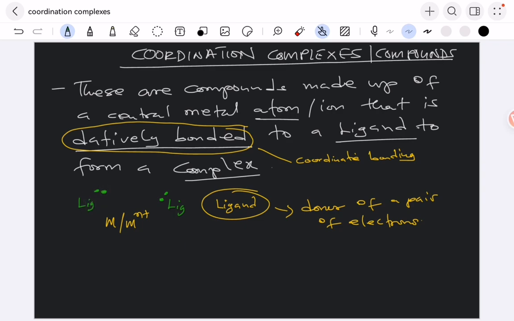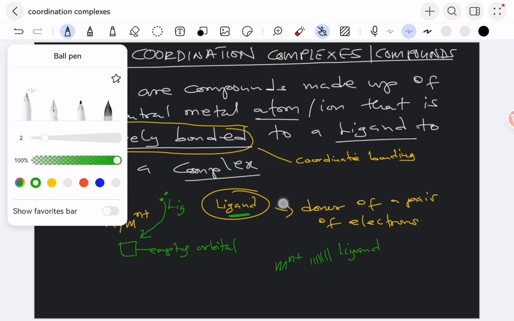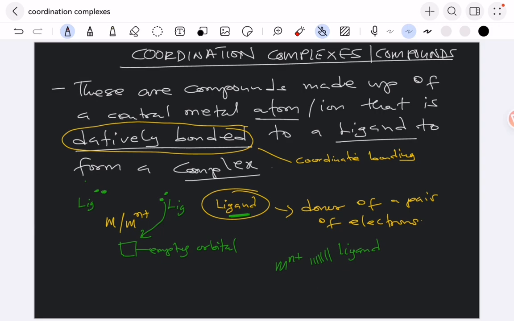A metal just presents an empty orbital that is ready to receive the electrons. So all the electrons come from a ligand. In dative bonding, we have a metal ion that is bonded to a ligand, and the type of bond existing here is known as a coordinate or dative bond.